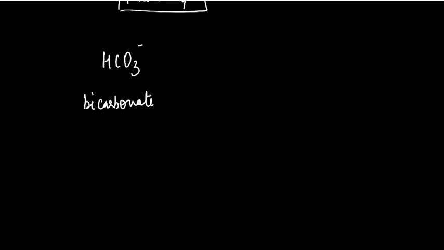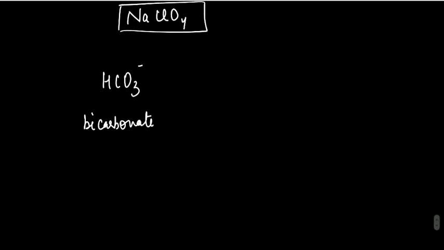Now we can even call it hydrogen carbonate, not a problem. But usually this is the old convention of writing this radical, bicarbonate. We can say sodium bicarbonate, a very common compound used in most chemical reactions, NaHCO3. That's the formula. Now how to remember it?